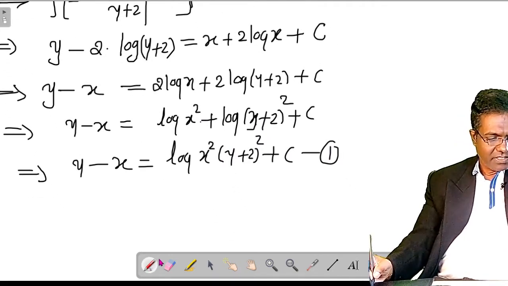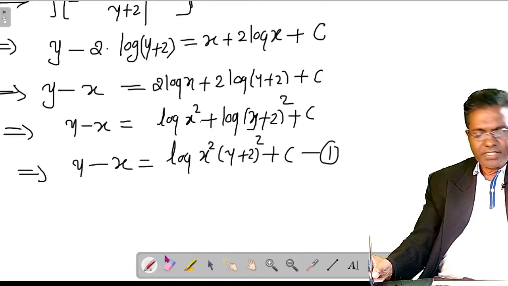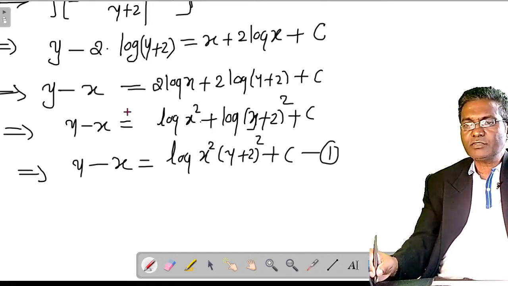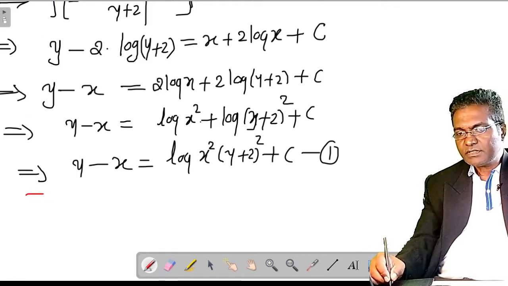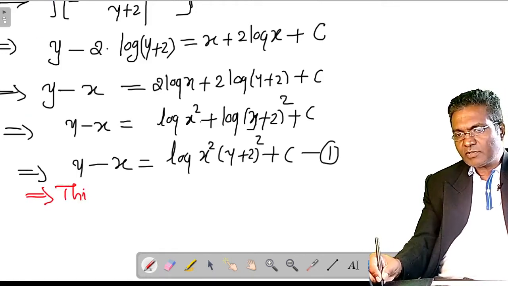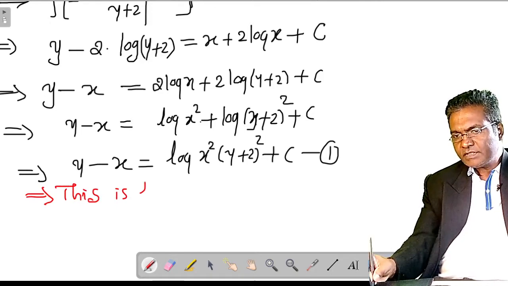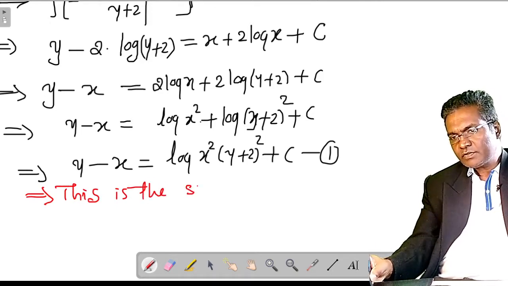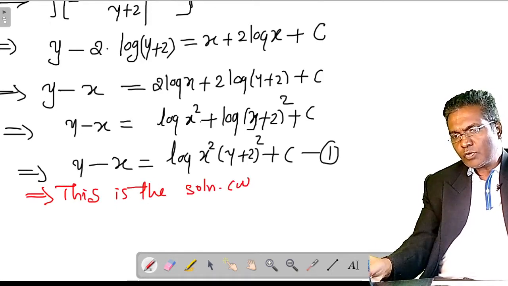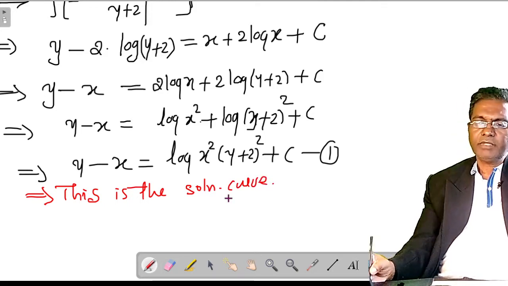What is given is that you are asked to find the solution curve which passes through the point 1, minus 1. This is the general solution, or solution curve, of the given differential equation.